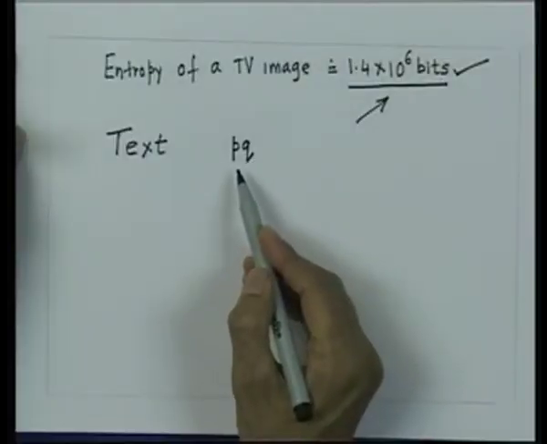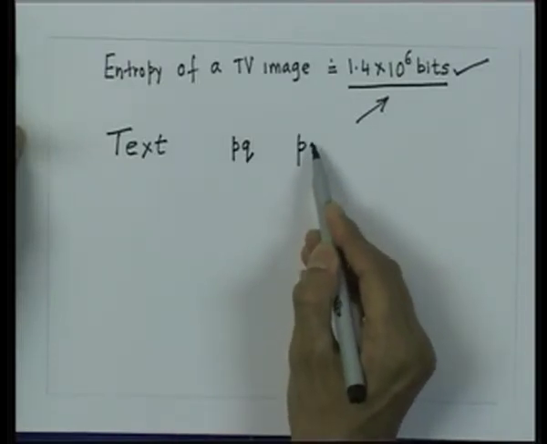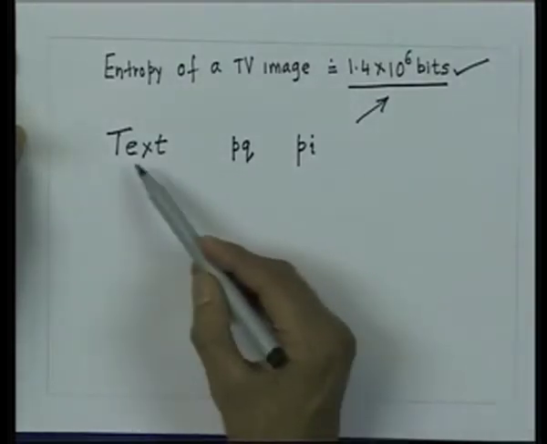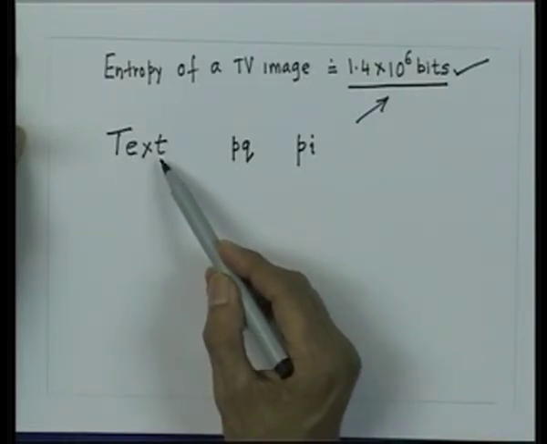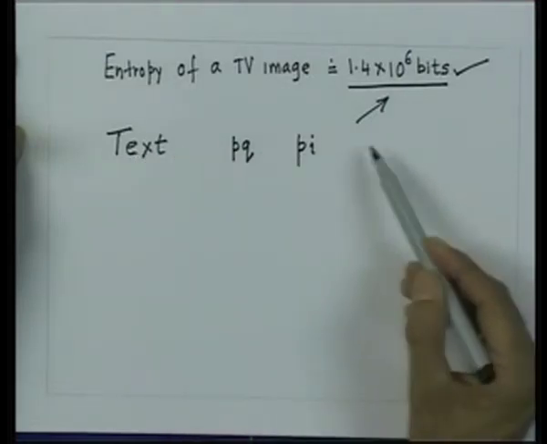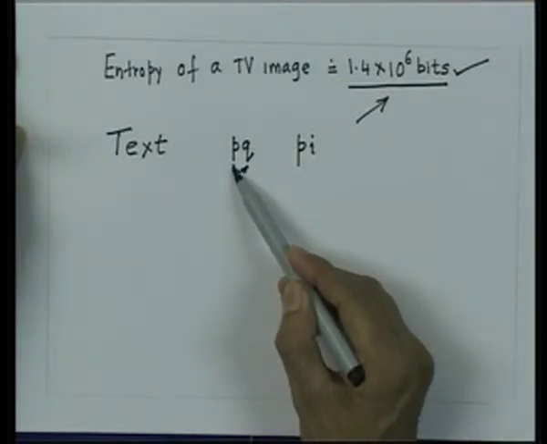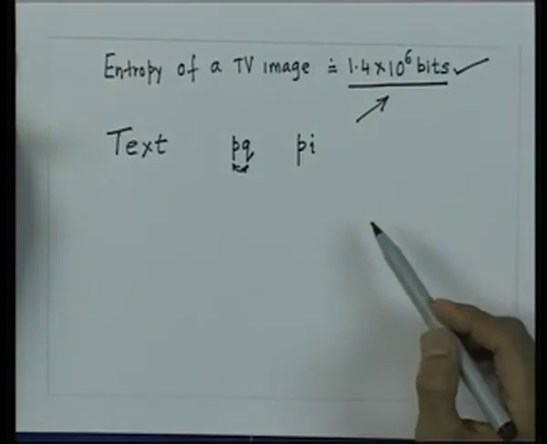For example, P followed by Q, this combination will be much less frequent compared to P followed by I. So, if you look at a text string and calculate the information based on the assumption that each of the characters is independent, and compare that with the entropy, or the average information, calculated from the same text string based on the fact that there is a relationship between the characters, then you will find that the entropy calculated in the latter case will be much less than the entropy calculated in the earlier case.